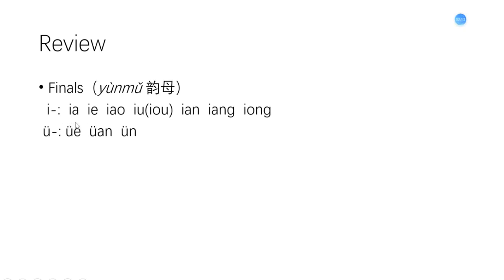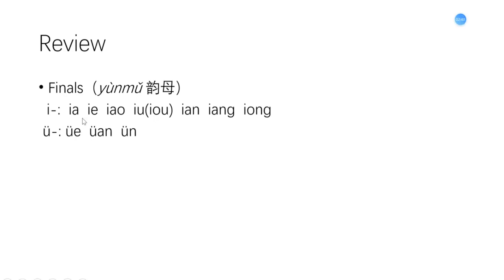Please read together. 呀, 耶, 腰, 忧, 焉, yang, yung, 约, yuan, yun. Okay, so these two groups of finals respectively begin with E and Ü. We have a mini spelling in each group, so don't forget to always read these as a whole.